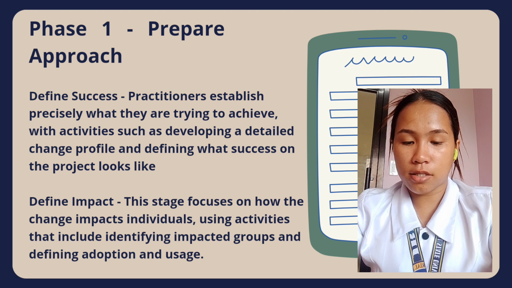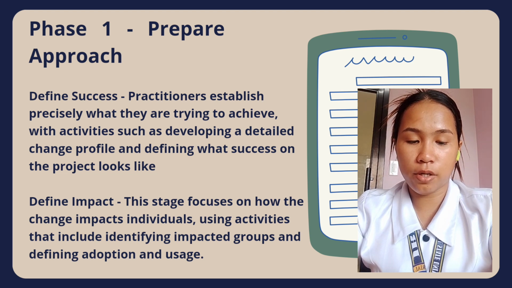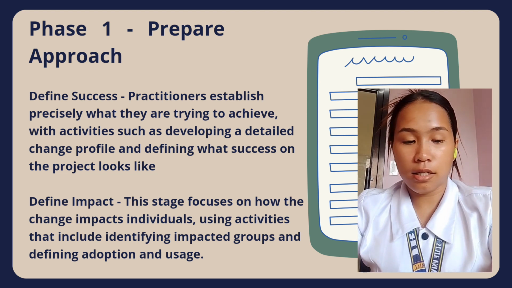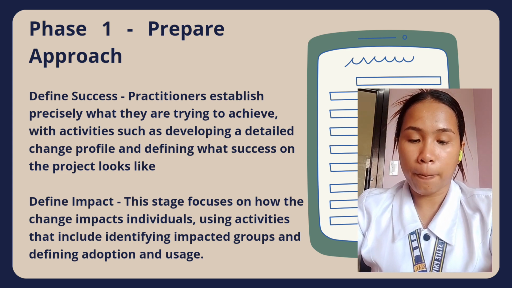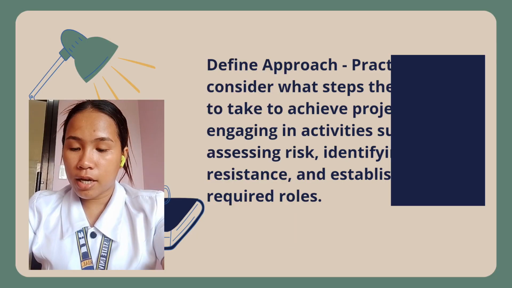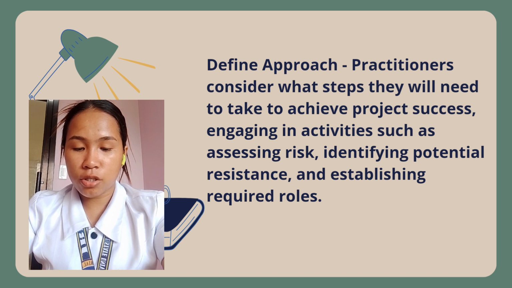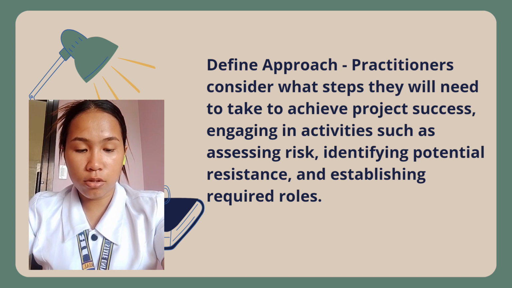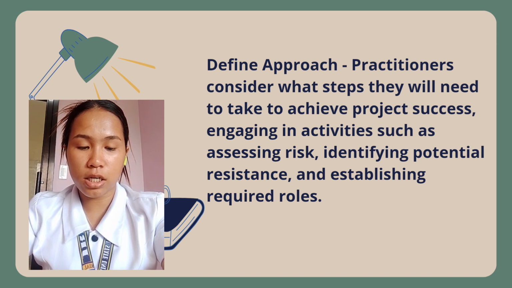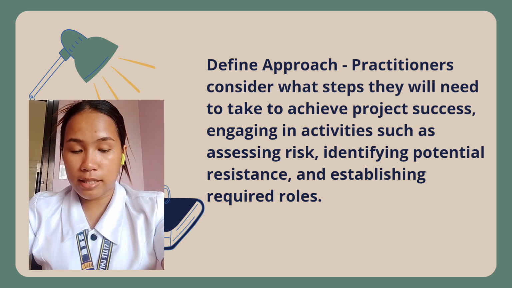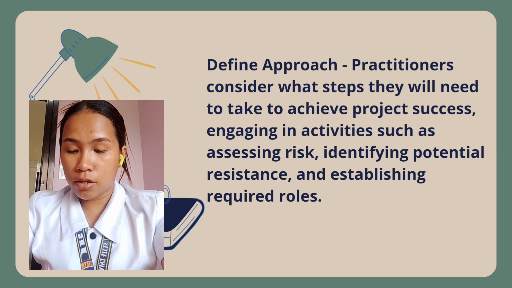This stage focuses on how the change impacts individuals, using activities that include identifying impacted groups and defining adoption and usage. And define approach. Practitioners consider what steps they will need to take to achieve project success, engaging in activities such as assessing risks, identifying potential resistance, and establishing their roles.